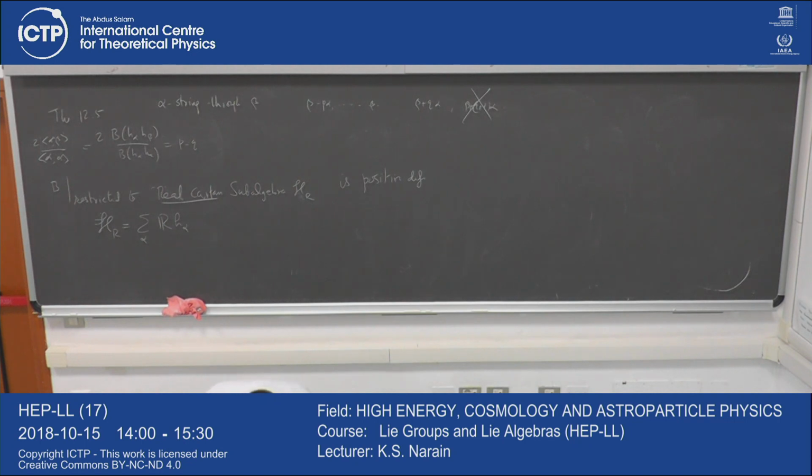Okay, chapter 13. I don't have time. I can only do either chapter 13 or 14, so I would prefer to go to 14. Chapter 13 is just straightforward. If you sit down and go through it, it's completely straightforward. There is nothing.